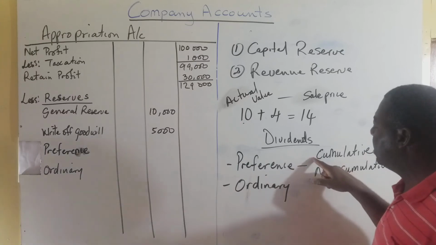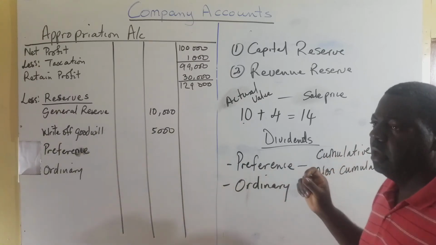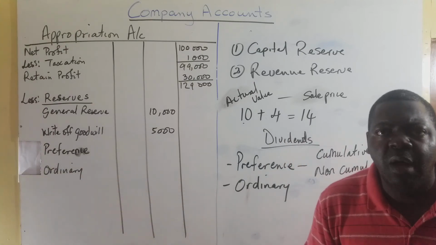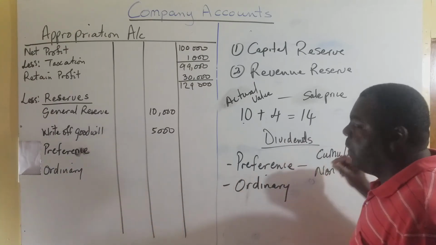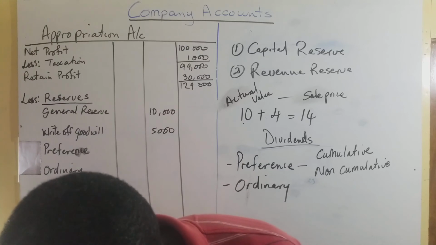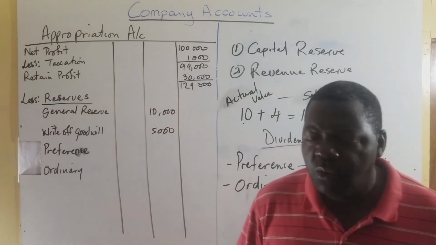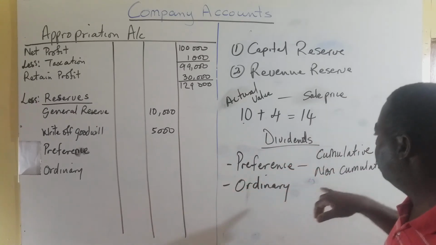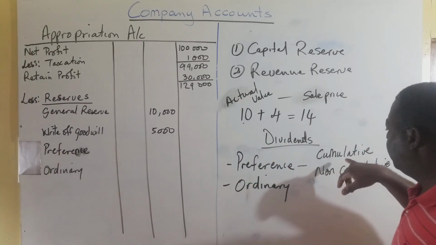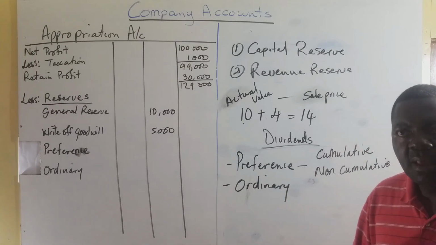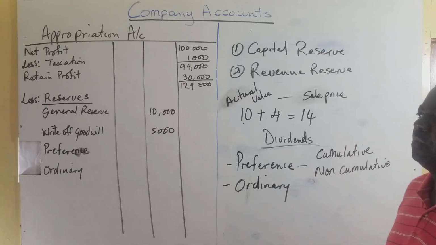Now, the cumulative preference shareholder is one who will receive monies even if the company cannot pay this year.